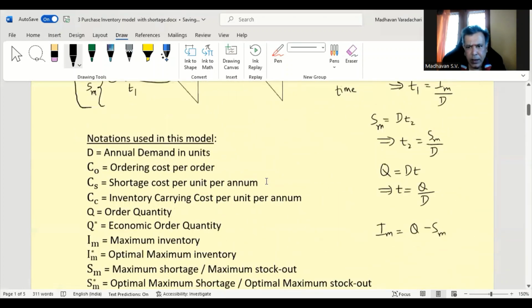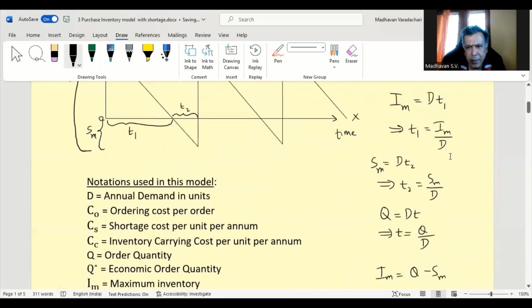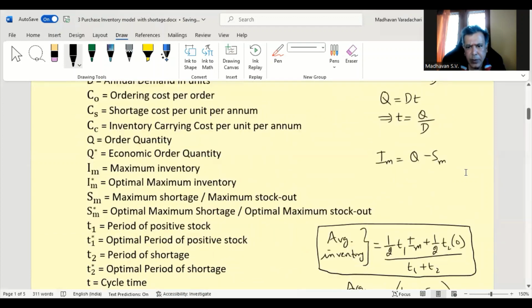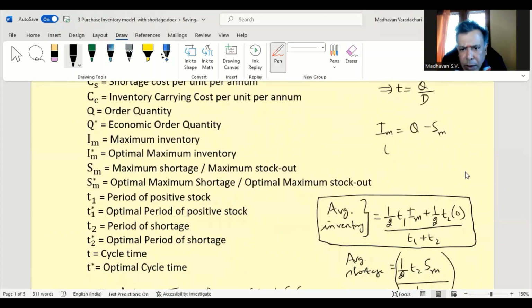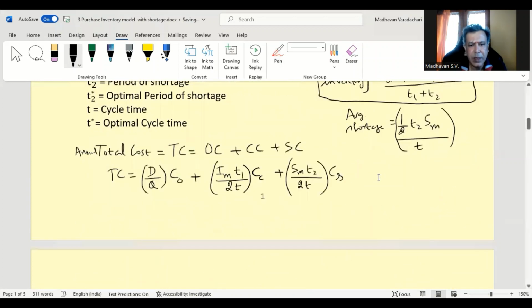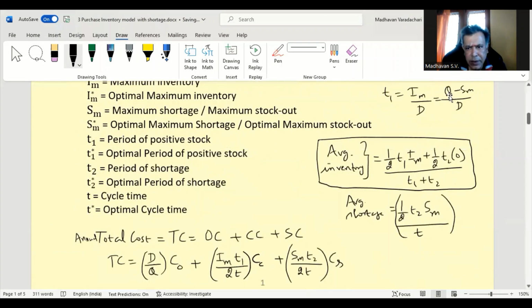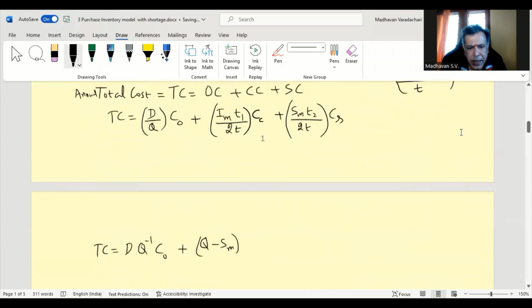And what is T1? T1 is IM divided by D, which is again Q minus SM divided by D. So we will be substituting that here instead of T1, I will substitute Q minus SM divided by D.